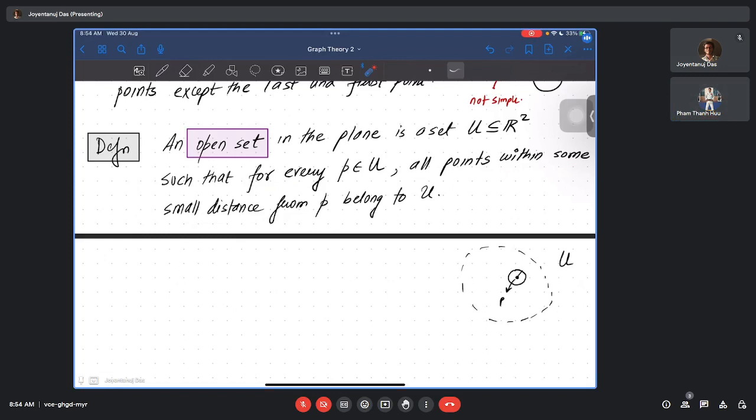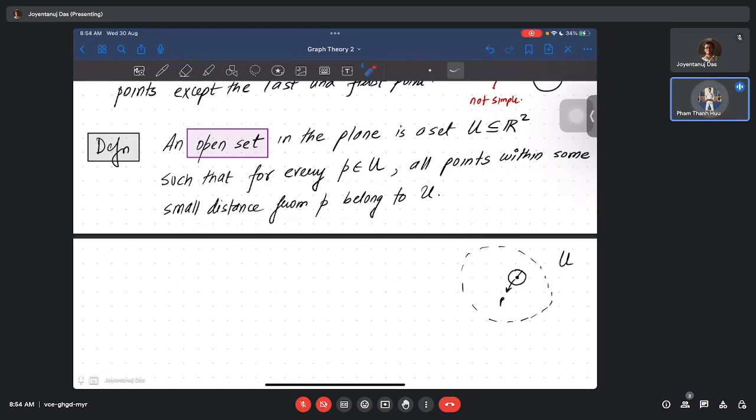So for the open set, what we are defining is that for every point in the open set, there should be some small distance such that if I consider all the points within that small distance, everything should belong to U, right? So that is the definition of open set. But closed set is different, because the closed set contains the border points also, and that will not work. So for border points, we don't have this condition.